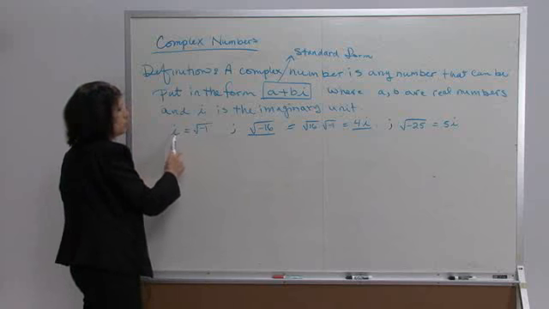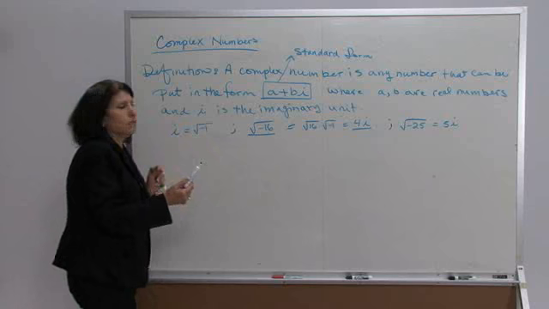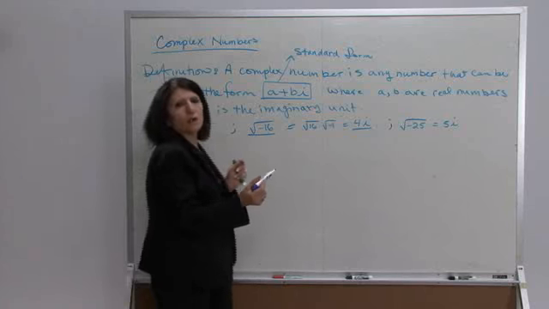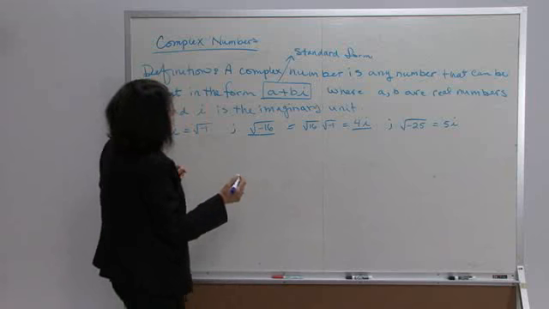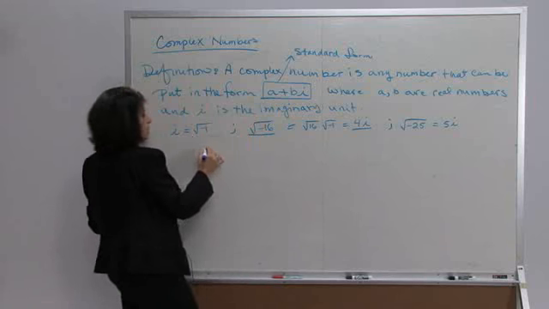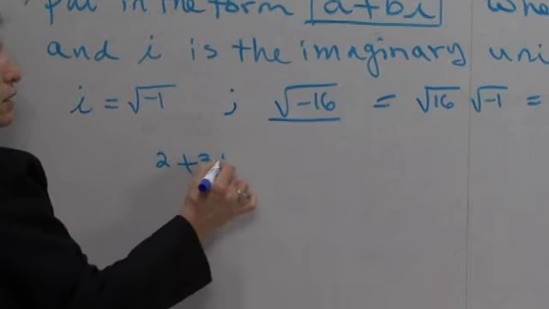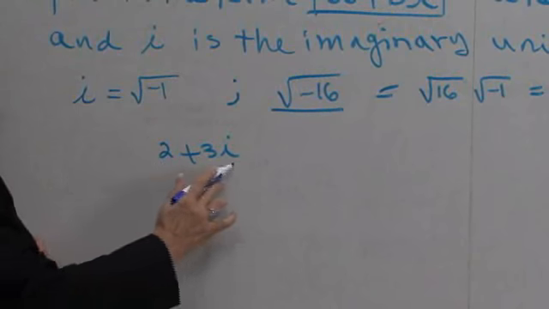Now you may think, why do we create i to be the imaginary unit, and how is that applied in real life? So if we look at a number in the standard form that's a complex number, say 2 plus 3i, well, 2 plus 3i is the standard form of a complex number.